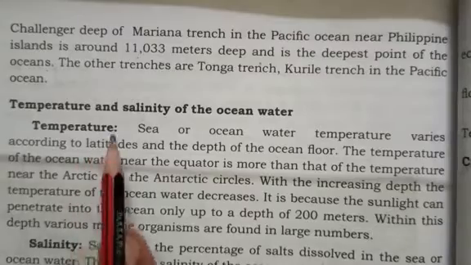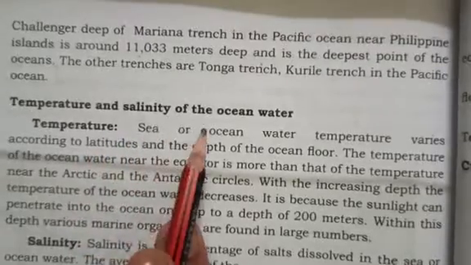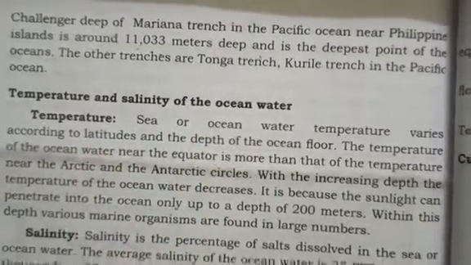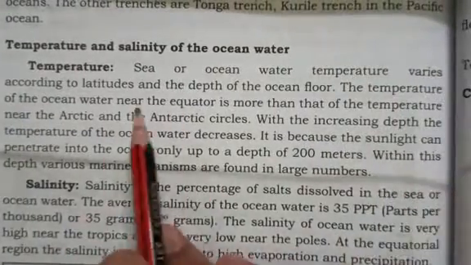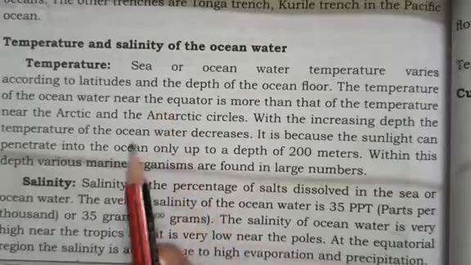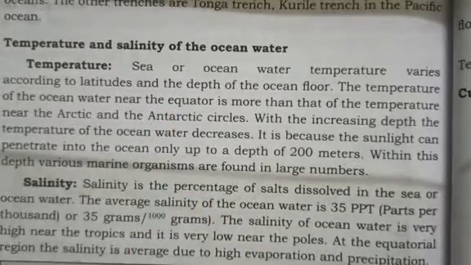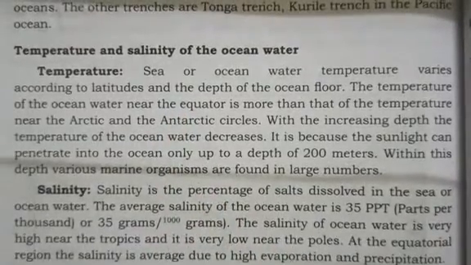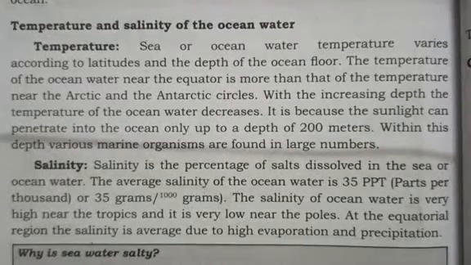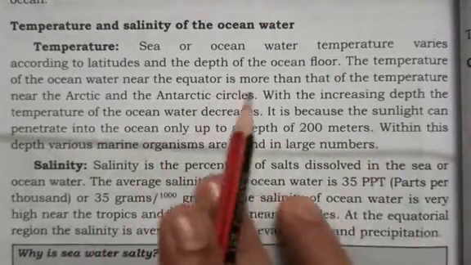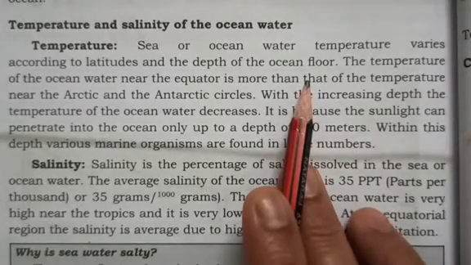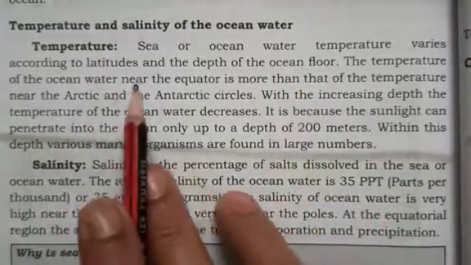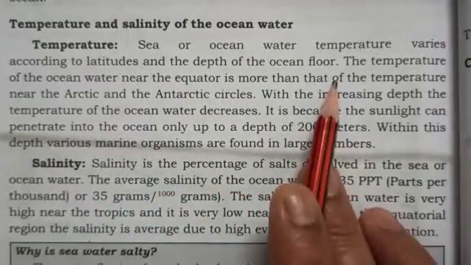So coming to the temperature and salinity of the ocean water. The ocean water temperature varies according to the latitude and the depth of the ocean floor.